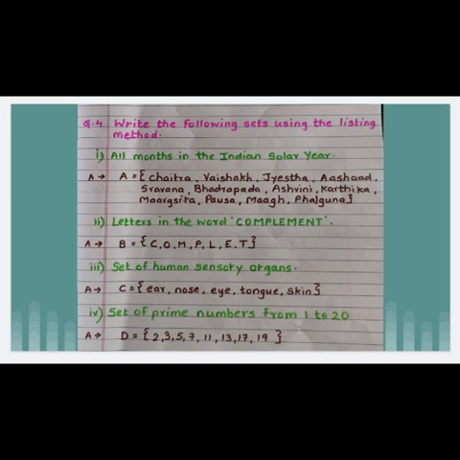To show the set, we use letter here capital D is equal to curly bracket open. Mention the prime numbers from 1 to 20, which are 2, 3, 5, 7, 11, 13, 17, 19. Close the curly bracket.